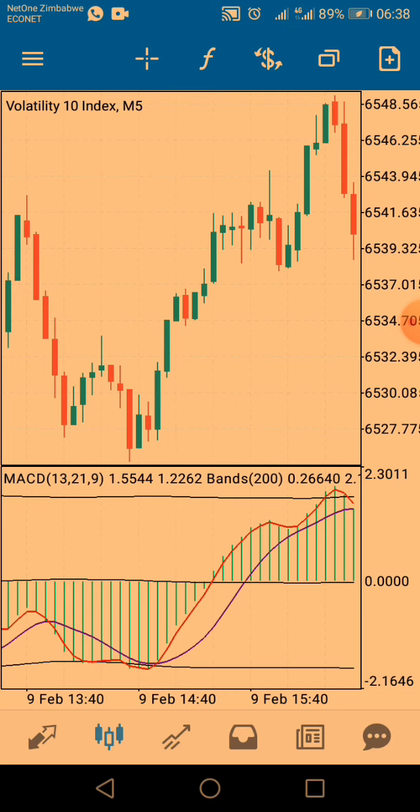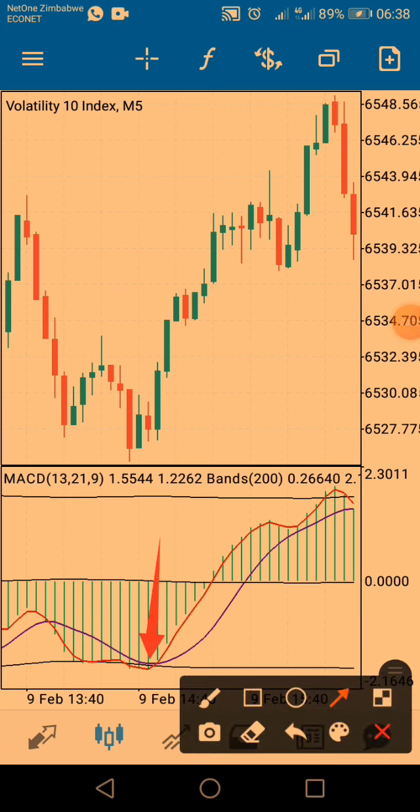For example, as you can see, we have a crossover happening right here. The moving average is crossing above the MACD line, and it is right on the bottom of the Bollinger Bands, right? So if that happens, you were looking to place a trade anywhere at this point here.